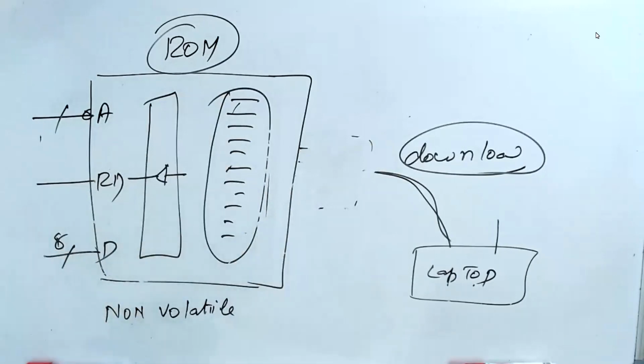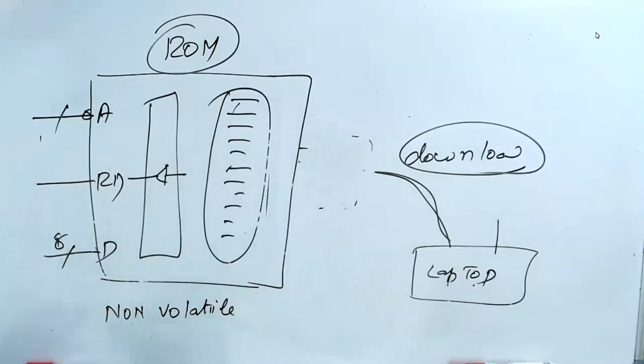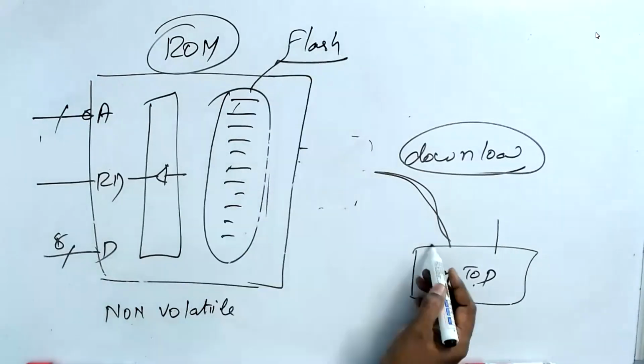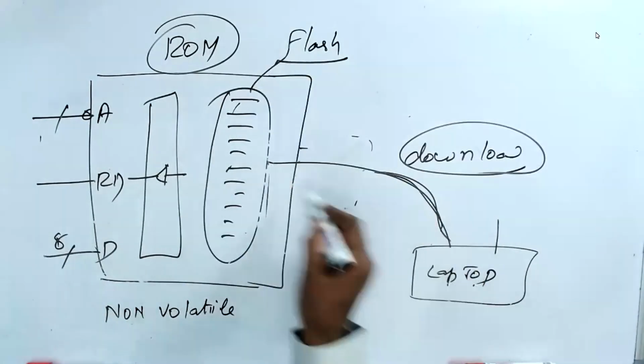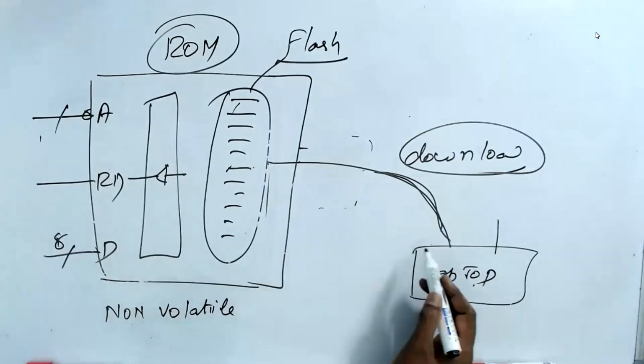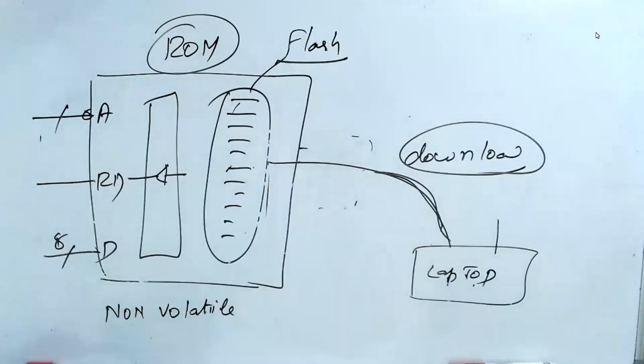If I have a flash, I can change the data through the laptop. That means if you write a program in your PC or laptop and compile it, that can be downloaded to your chip. That is possible.